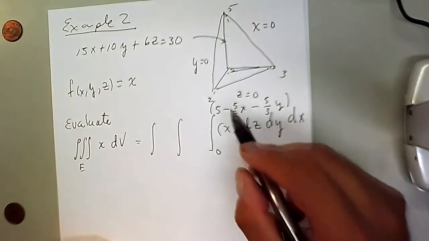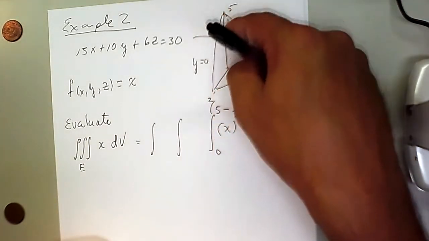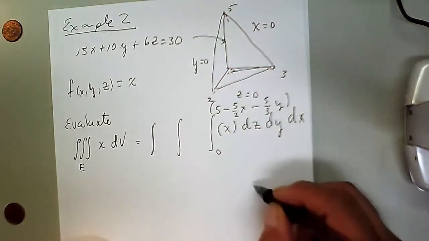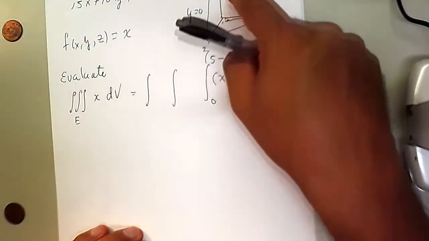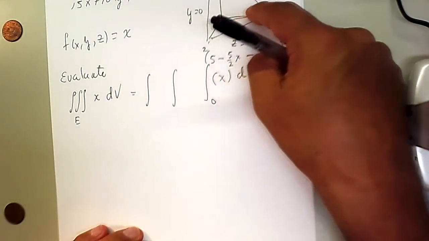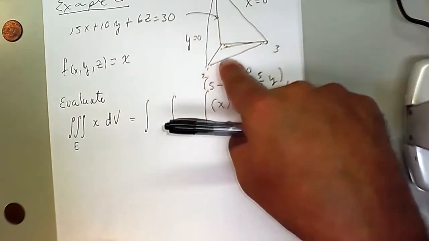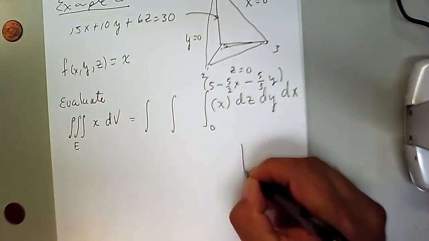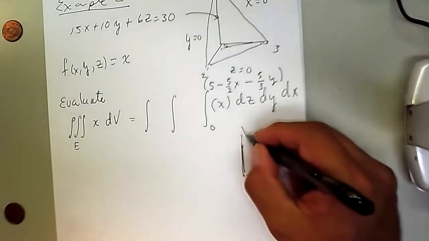Okay. Once the z is taken care of, then project this tetrahedron down to the xy plane. So I'm going to draw that here. Project the tetrahedron down to the xy plane, and that's going to project down to this triangle on the floor. So we're going to have 2 and 3.